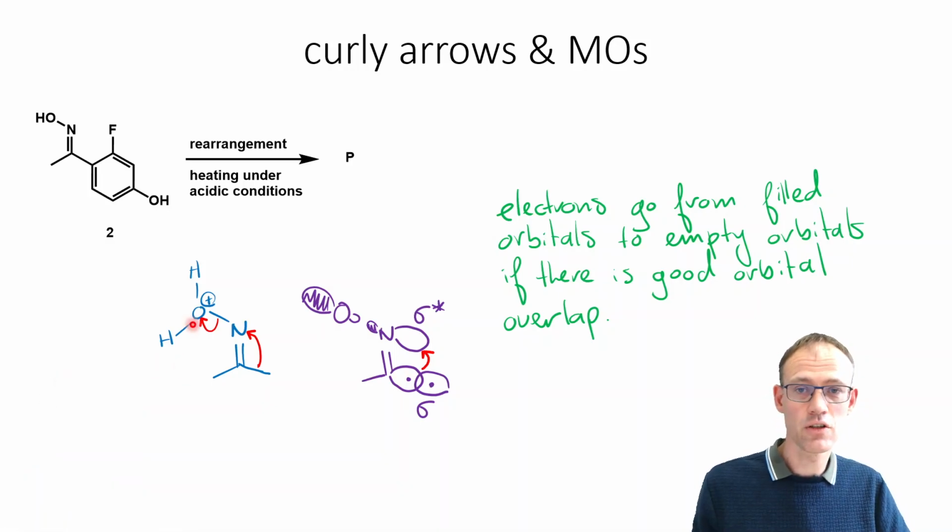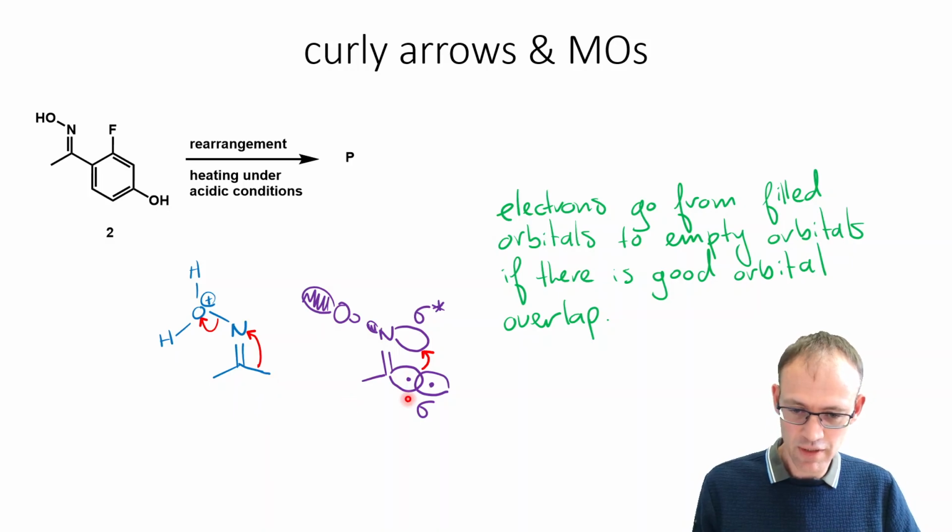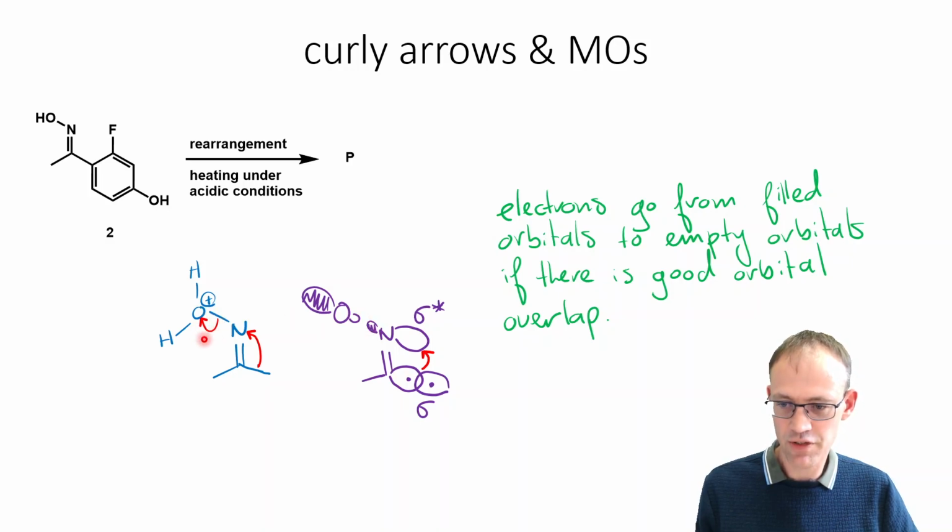Right, so that is the logic behind the Beckmann rearrangement. In the Beckmann rearrangement, the arrows start at a filled orbital and move to an empty sigma star orbital, and that breaks the corresponding NO bond, and that is what this curly arrow represents over here.